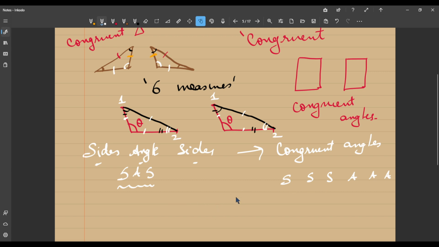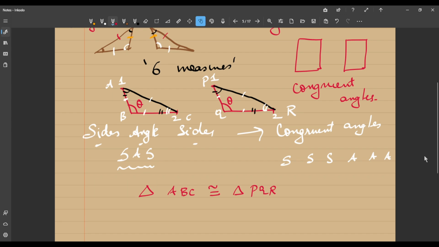And your congruence, if I call this as ABC and this triangle as PQR, I can say that triangle ABC is congruent to triangle PQR. And remember what we started with, just with two sides and one included angle. Now we have arrived at side AB, or the measure of AB, is equal to the measure of PQ.